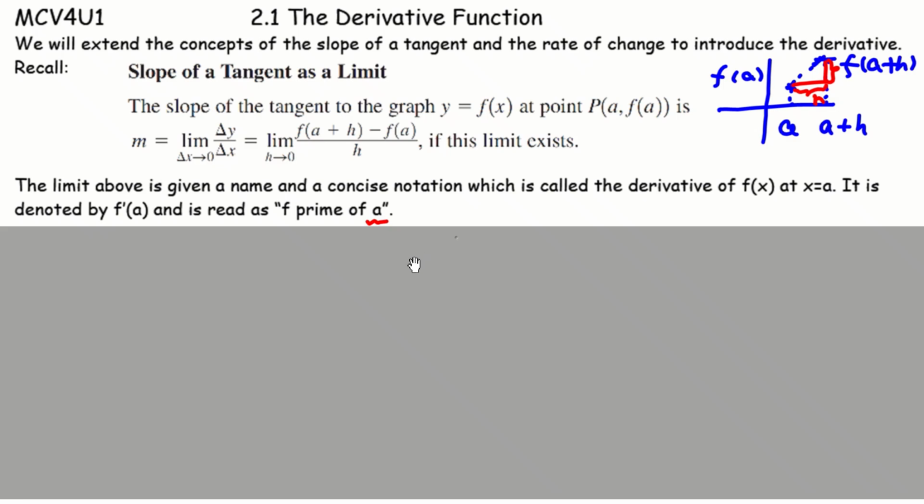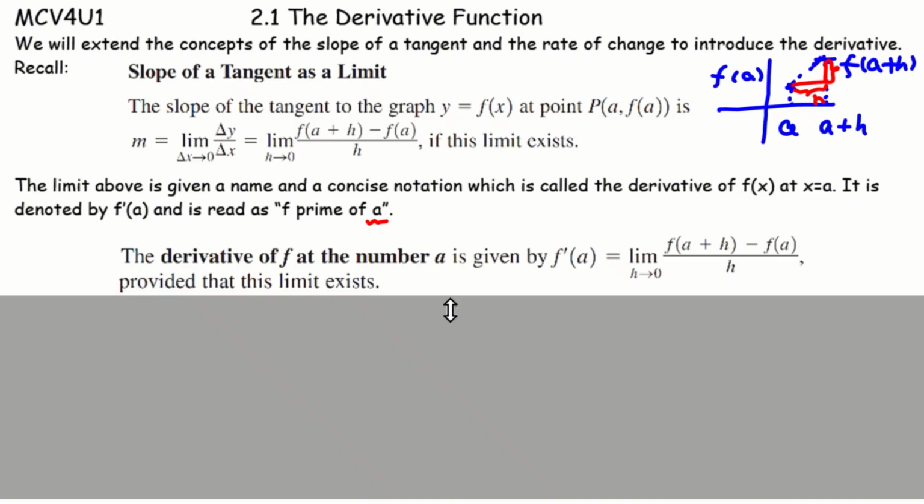So they are equivalent. We just gave the limit of the slope of the secant, which means the slope of the tangent, a name: the derivative of the function at x equals a, and the sign we use is f prime of a.